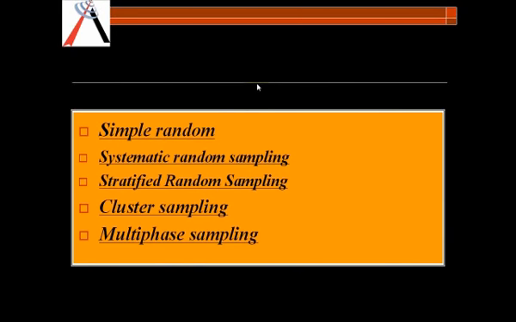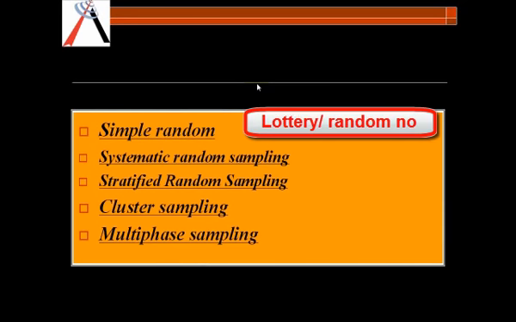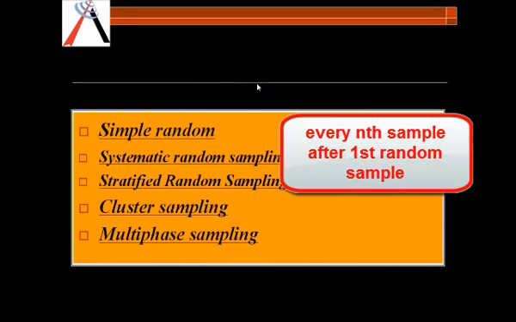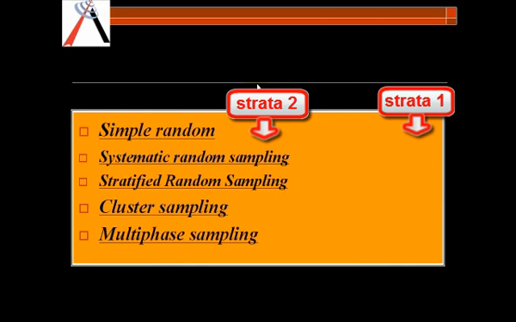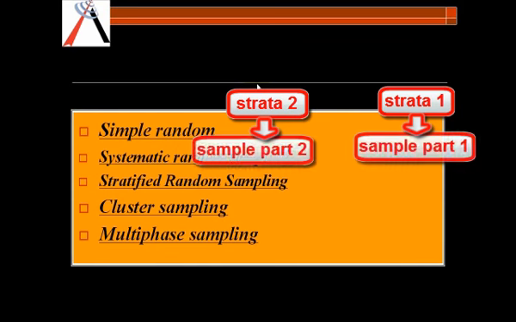So what we saw till now was simple random sampling, wherein you selected the samples by lottery or by random numbers. Then you have systematic random sampling. What you did here was select a first random number, and then you selected every nth number. Then you had stratified random sampling, wherein first you divided the population into strata, and then you selected the random samples from those strata.